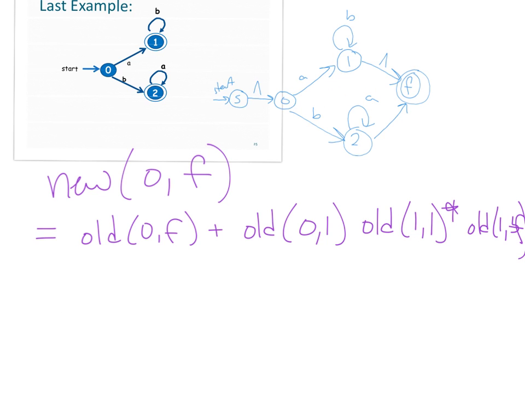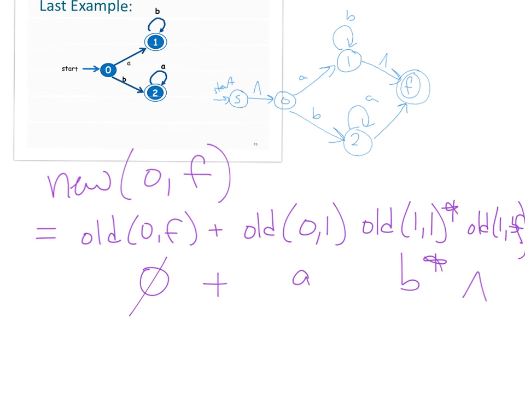Transition from 0 to F, so that's just the empty set. And the old 0 to 1 is an A. The old 1 to 1 is a B, but we have to star it. And the old 1 to F is a lambda. So when we simplify this, we just get A B star.